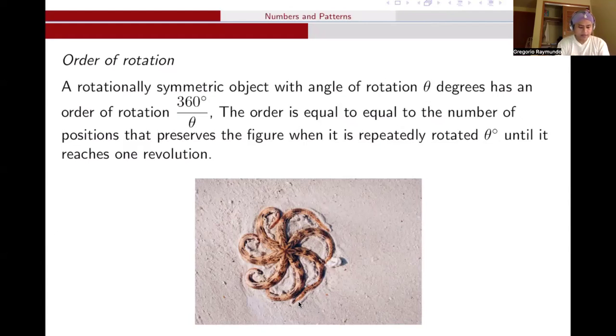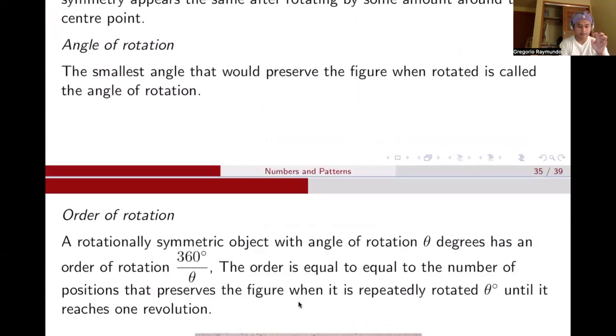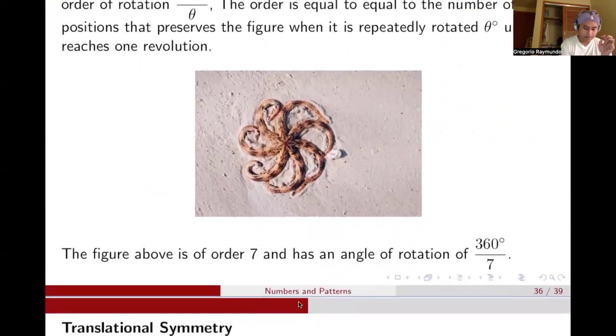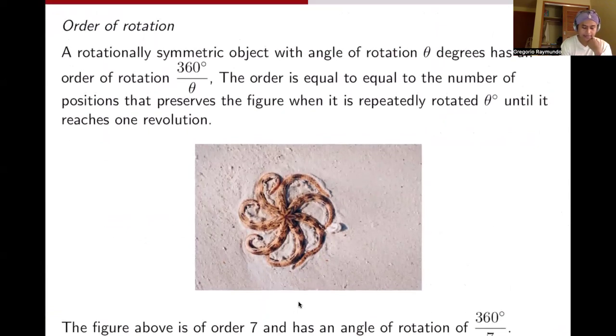So, may tinatawag tayong order of rotation or angle of rotation. Ang angle of rotation is the smallest angle that would preserve the figure when rotated. So, ano yung angle of rotation? Yung pinakamaliit. So, para mahanap mo ito, bilangin mo yung tentacles. So, rotational symmetry object with a rotation theta degrees has ano yung order niya?